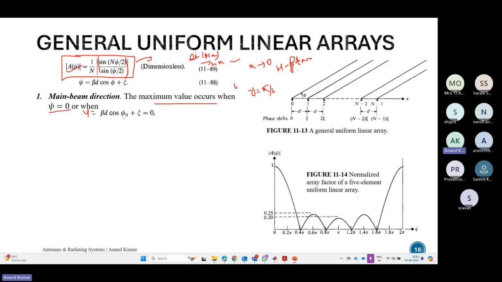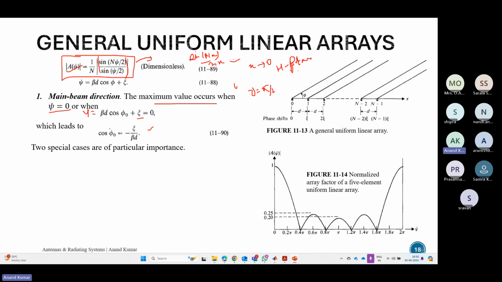So beta d cos phi plus xi equals 0, which leads to cos phi equal to this expression over here. And now this is very general, right?